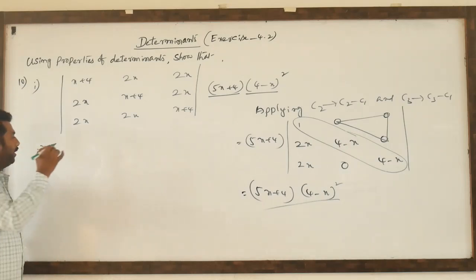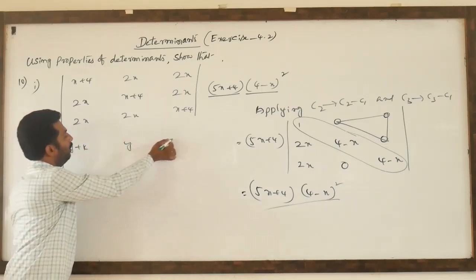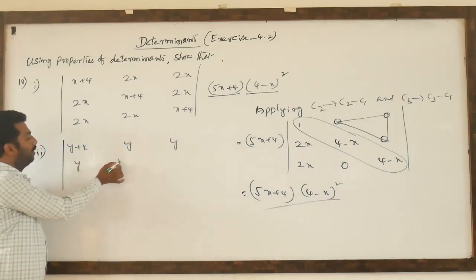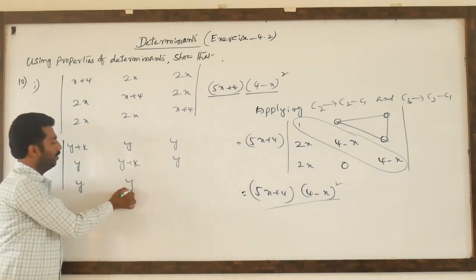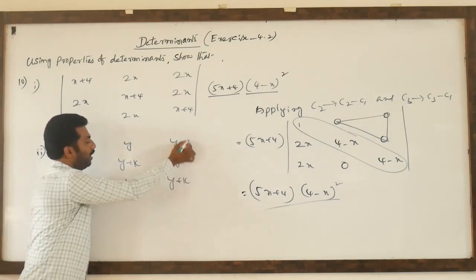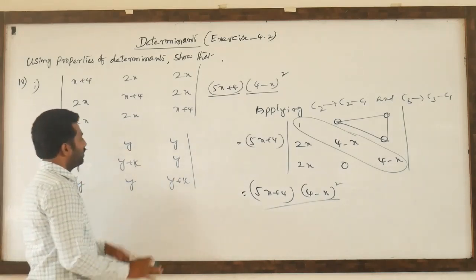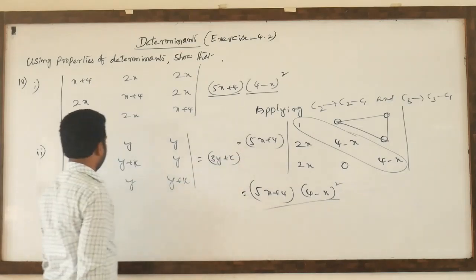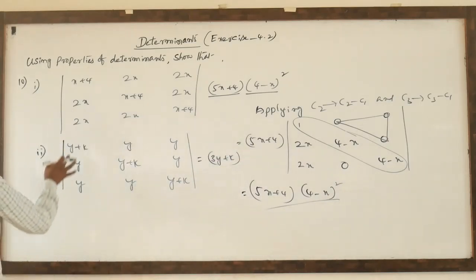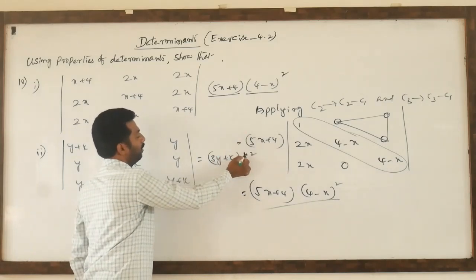Determinant of y plus k, y, this is y plus k, y, this is y plus k. Can you tell what you have to do? 3y plus k into, I think, 2 instead of 2, what is there? K square, we have to prove into k square.